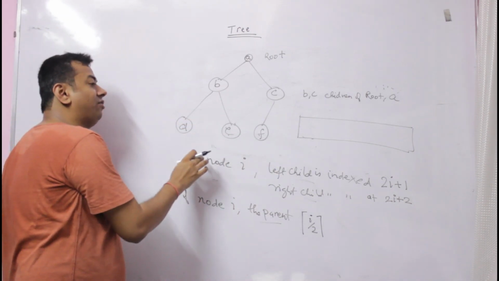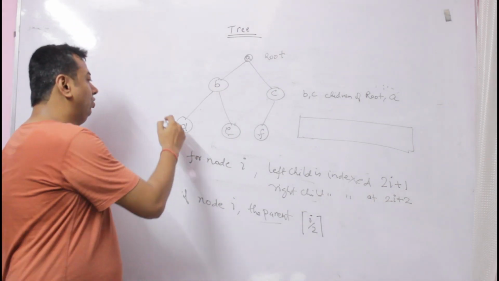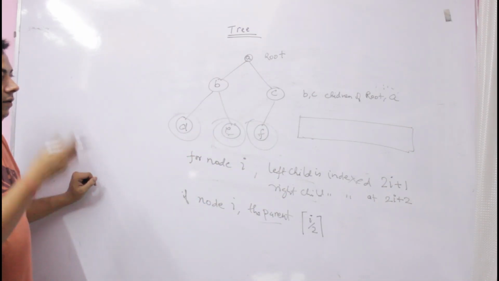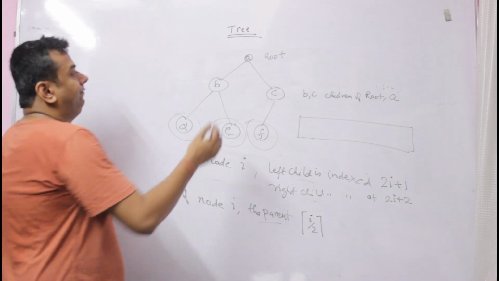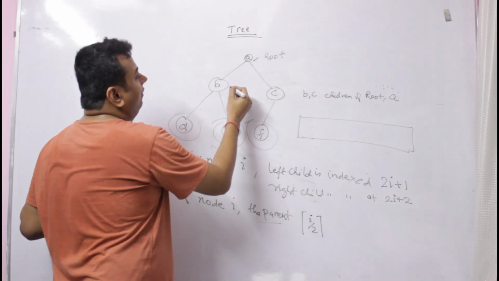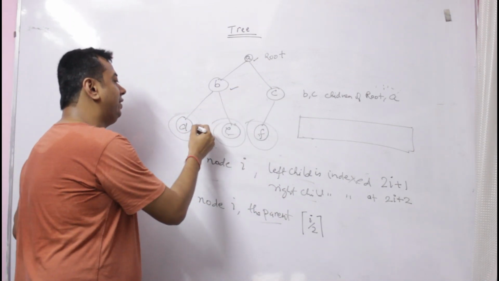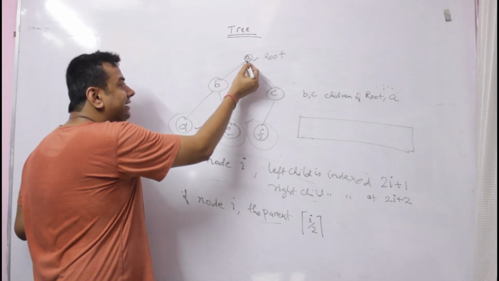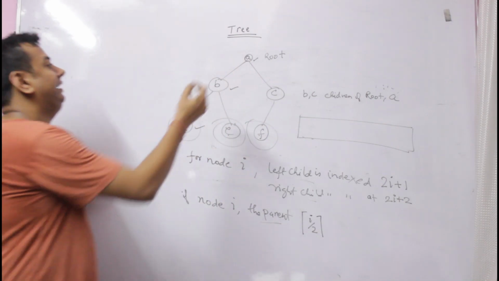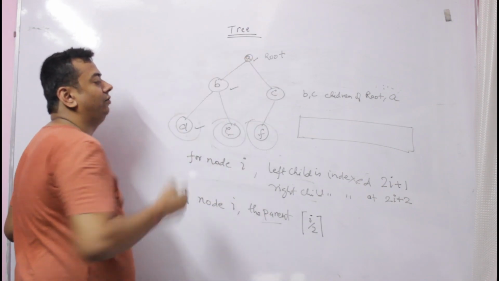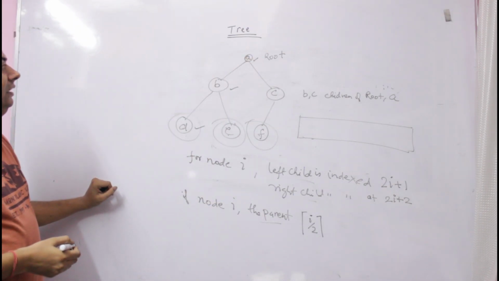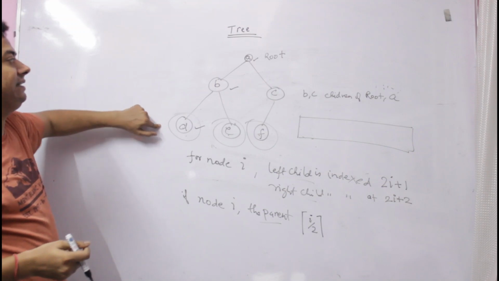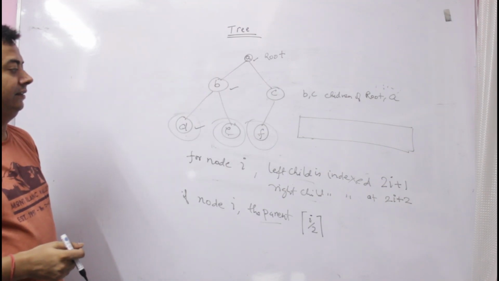If any node has no child present, that node is considered a leaf. If A is the parent of B and B is a parent of D, then D is a grandchild of node A and A is the grandparent of node D. Now A is an ancestor of D and D is a descendant of A, right?